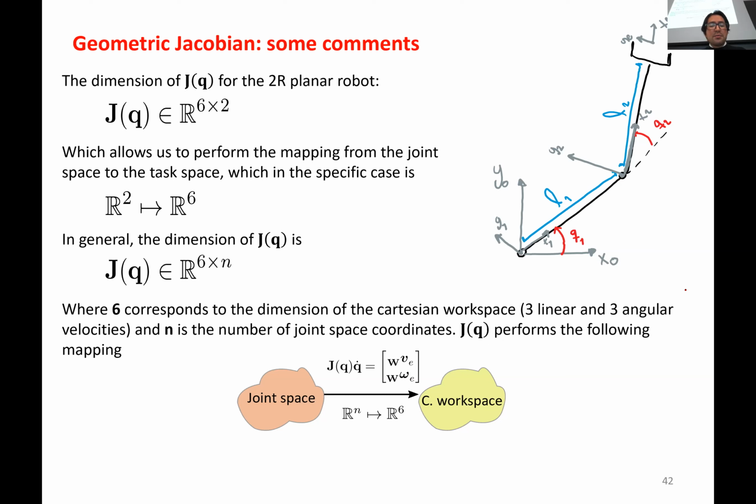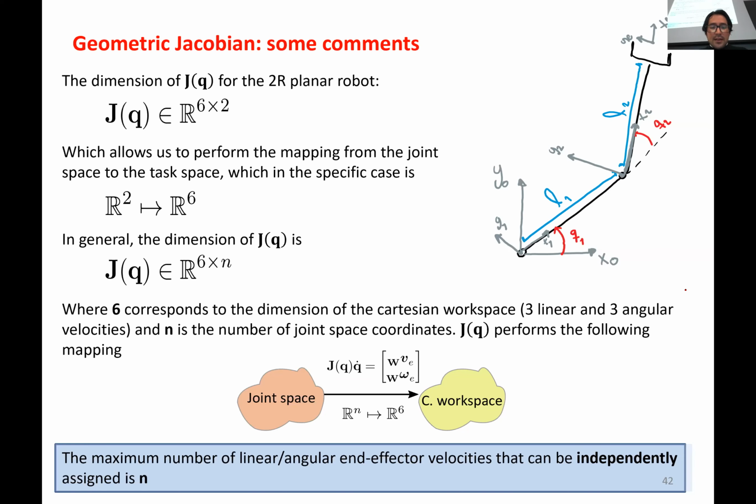And what we're doing is just mapping, again, from joint space to Cartesian workspace. But the most important takeaway from this is that the maximum number of linear and angular end effector velocities that we can assign independently depends on the number of joint space variables that we have. And this is going to become clearer when we do the comparison between the analytical Jacobian and the geometric Jacobian.